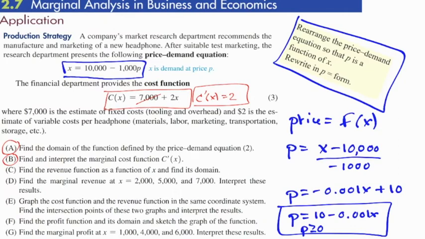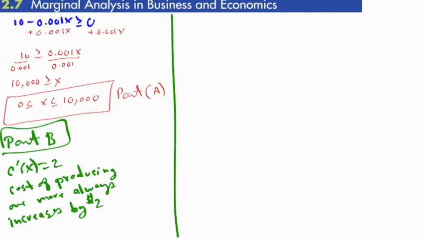Part C, find the revenue function as a function of x and then find its domain. Part C, R of x is equal to x times the price function. Notice I use a little p of x for price. The capital P of x is reserved for profit.